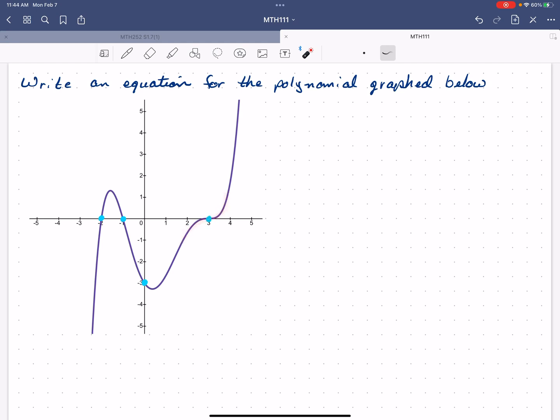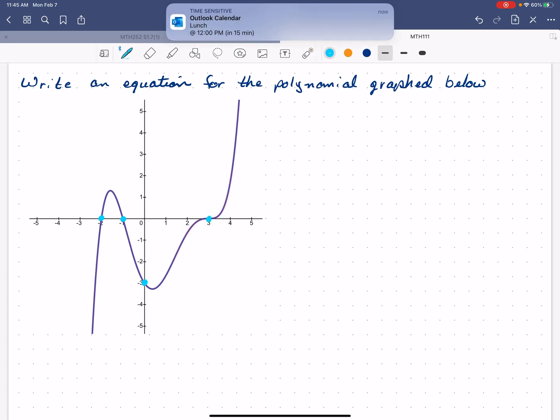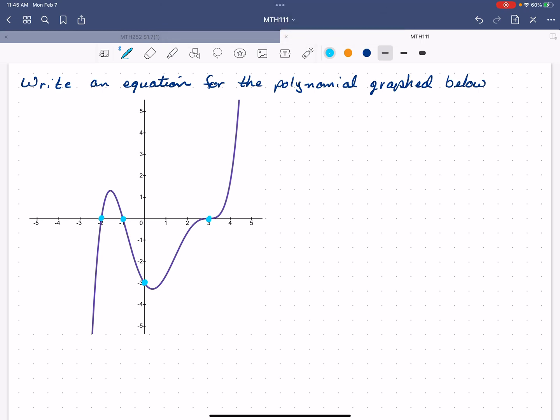So remember what this means. If I just look at this shape here, that kind of looks like an x to the third. So if we look at these factors, this kind of just looks like a straight line, and this kind of just looks like a straight line.